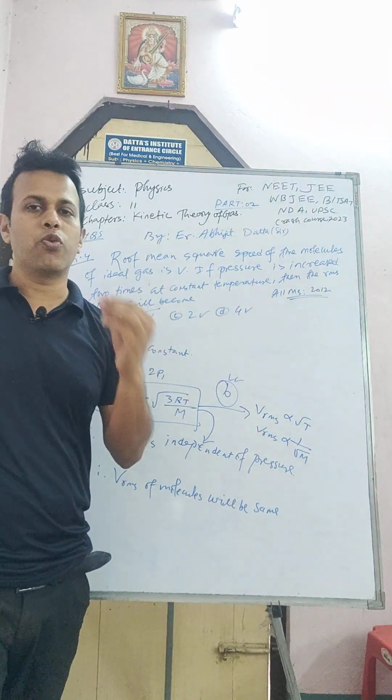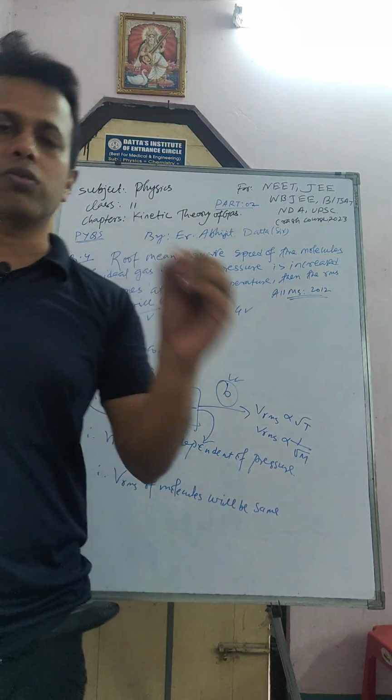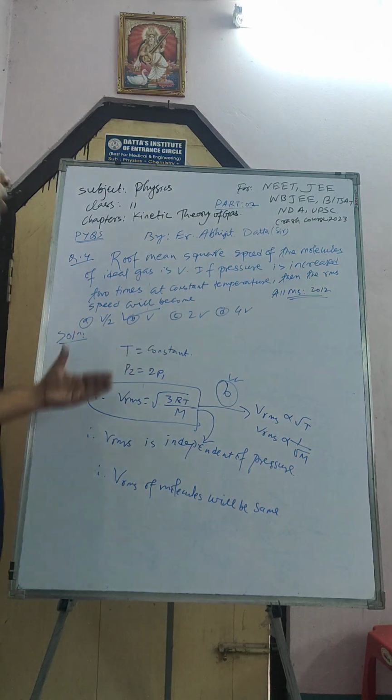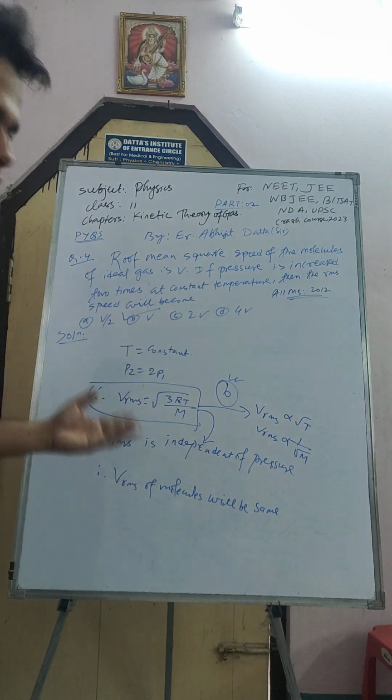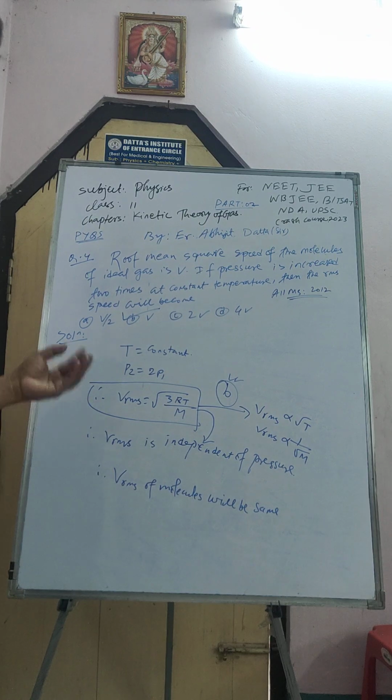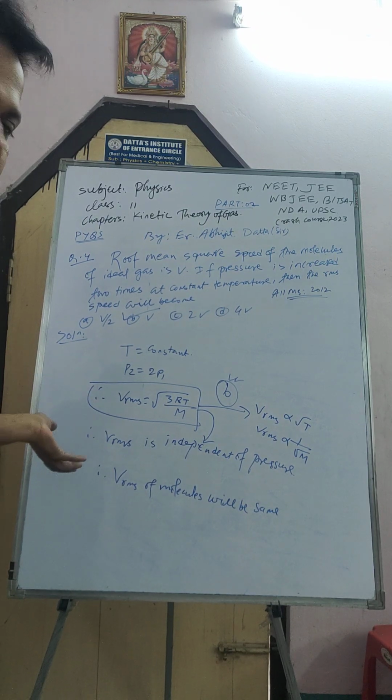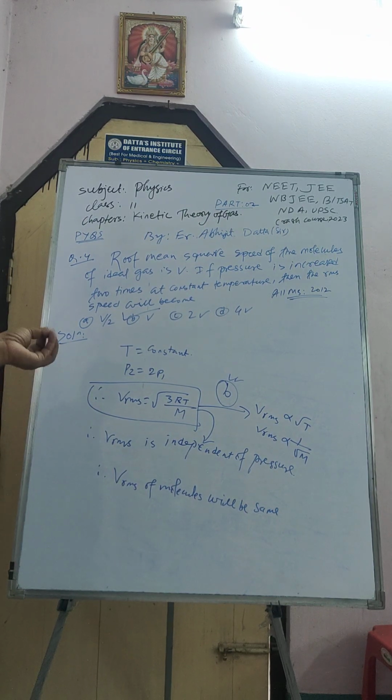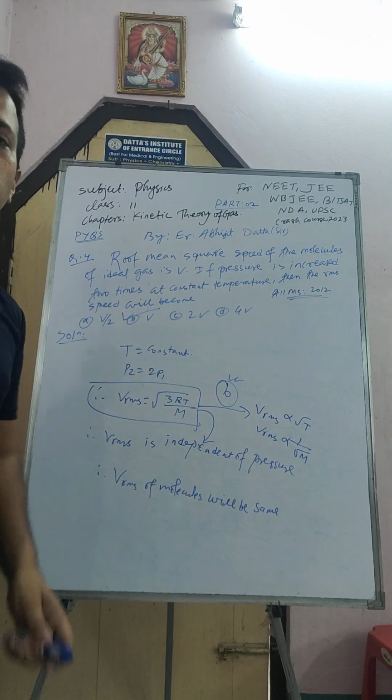You have to just concentrate on the formulas and the concept. If you focus on the concept of the physics, then you are able to do this kind of question where no calculation is needed.